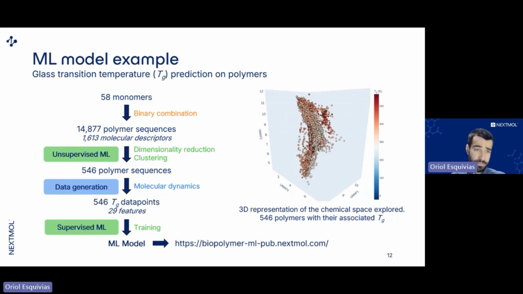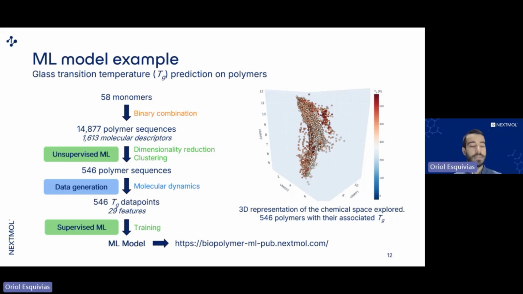What we did with that many sequences is use an unsupervised machine learning model to reduce all these sequences to 546 polymer sequences that cover all the region of interest. So the idea is do not take 500 sequences of just one small part of the chemical space, but try to cover all the chemical space of interest.